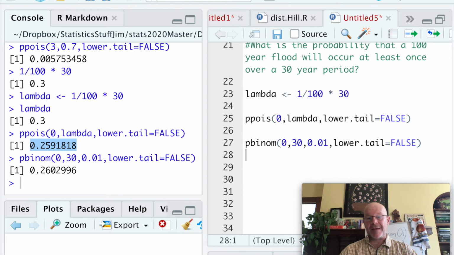The two most commonly used are the binomial and the Poisson, and so those are the two that I decided to introduce. But again, once you understand how to use a probability mass function and a cumulative distribution function, all you have to do is find the appropriate distribution to use, and you can pop it into that mass function or that cumulative function. And that's it.